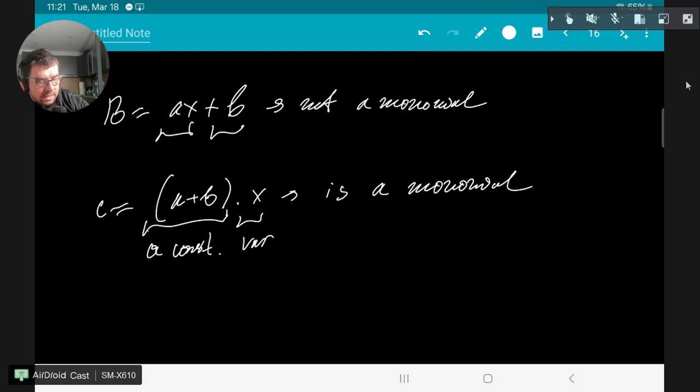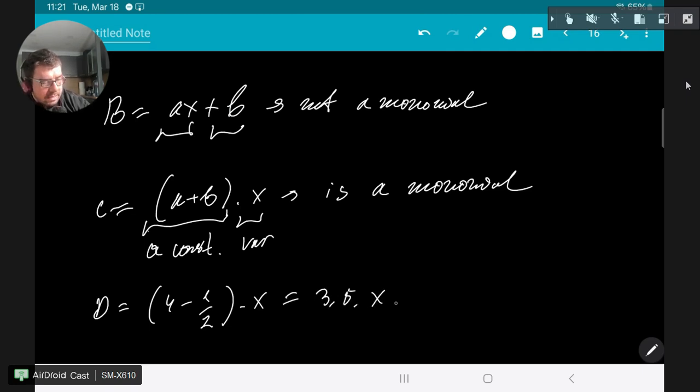Like if I have, for example, 4 minus 1/2 times x. Now obviously this is going to be 3.5 times x, a monomial. Remember that we treat constants and parameters in the same way as numbers, okay? Variables are treated differently, okay?